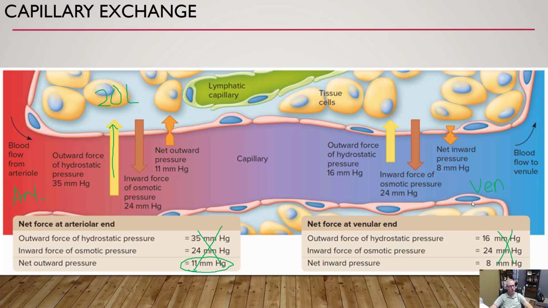And then at the venule end over here, we don't have that much hydrostatic pressure, but we're going to have more protein pressure or osmotic pressure. So we're actually going to pull fluid in. We pull in about 17 liters of fluid per day. So 20 minus 17 is 3 liters. So we're left with 3 liters of fluid per day.